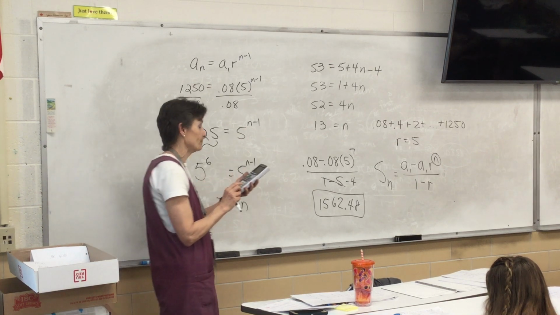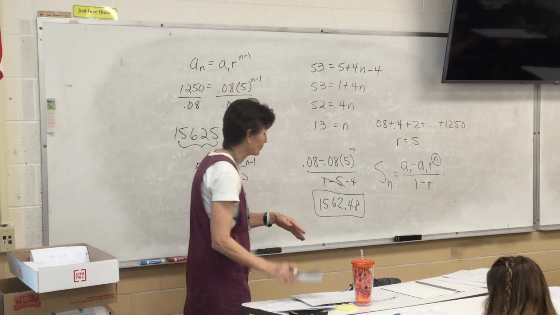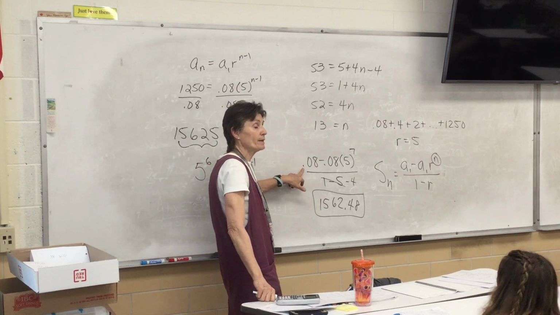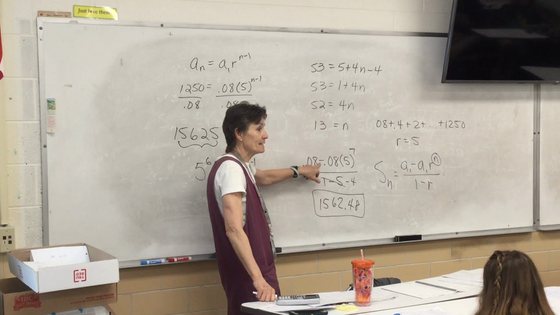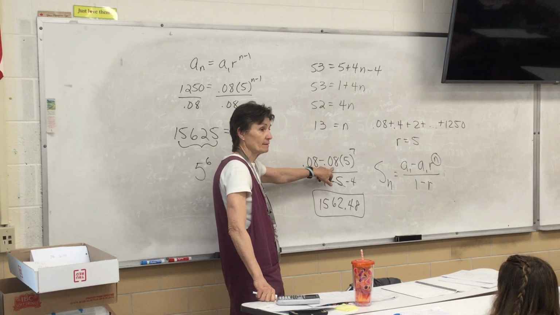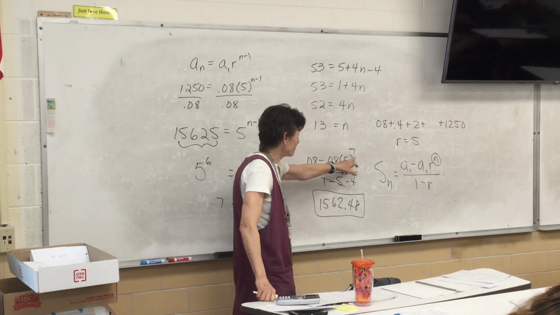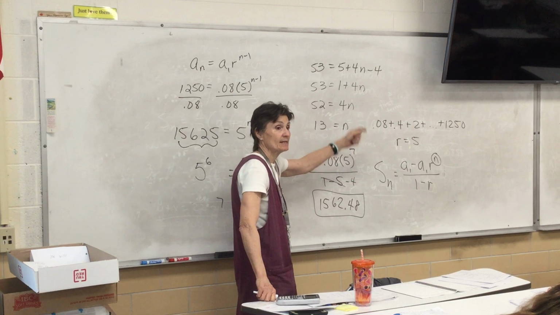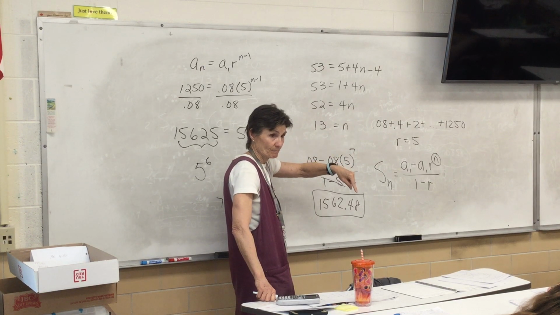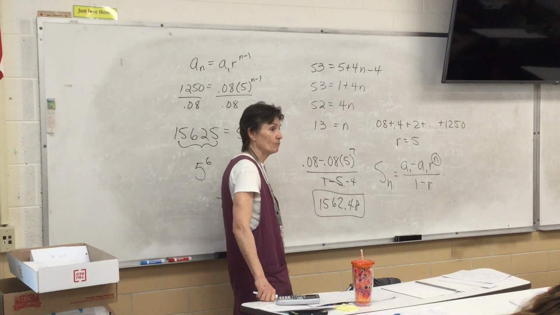Okay, well, I'm right, so we all should be getting this, so I don't know what you're typing in. 0.08 minus 0.08, parentheses, 5, parentheses, raised to the 7th, equals, divided by -4.